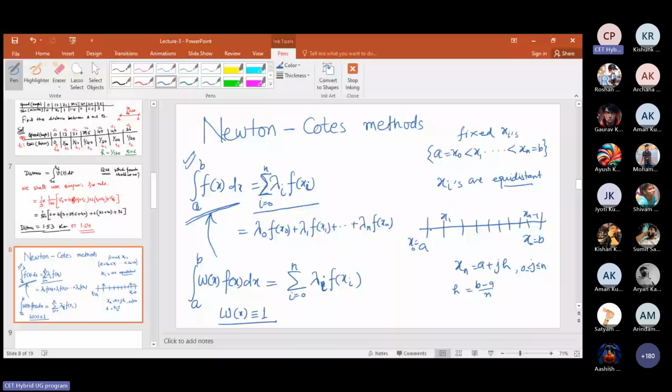And those different points, the xi, if they are fixed a priori, then the methods are referred to as Newton-Cotes methods. So Newton-Cotes methods are the set of methods where we have fixed the xi beforehand.